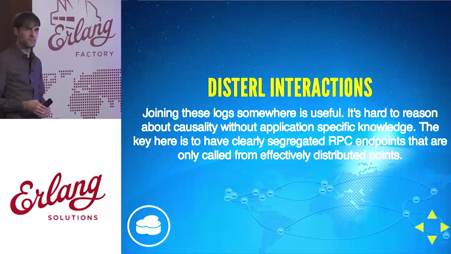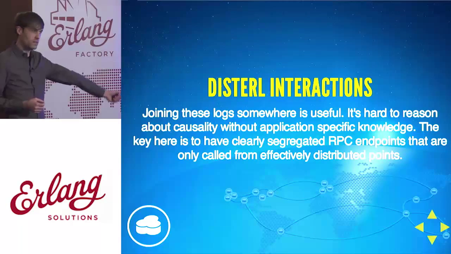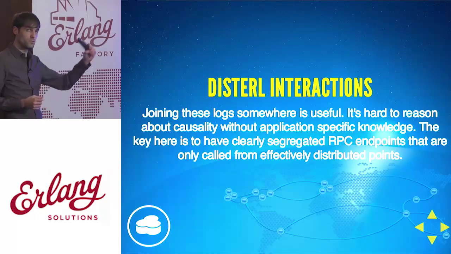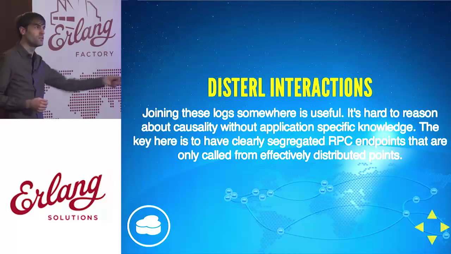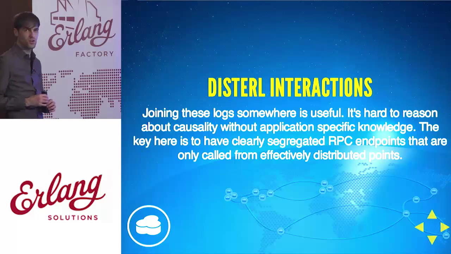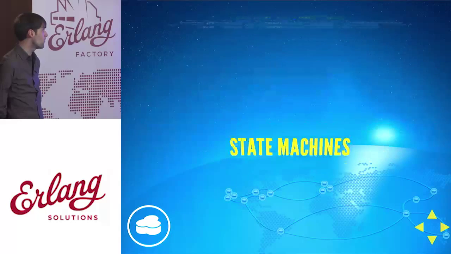I mean, you just have the message send to whatever end PID, which could be on any node, and that PID could be running any code. You could even RPC to whatever you want, and that sort of discipline or lack thereof creates a lot of problems for tracing. So this is something you need to design for.